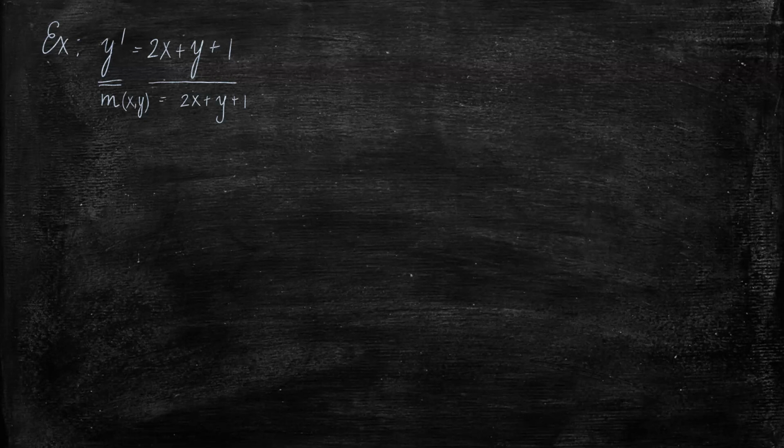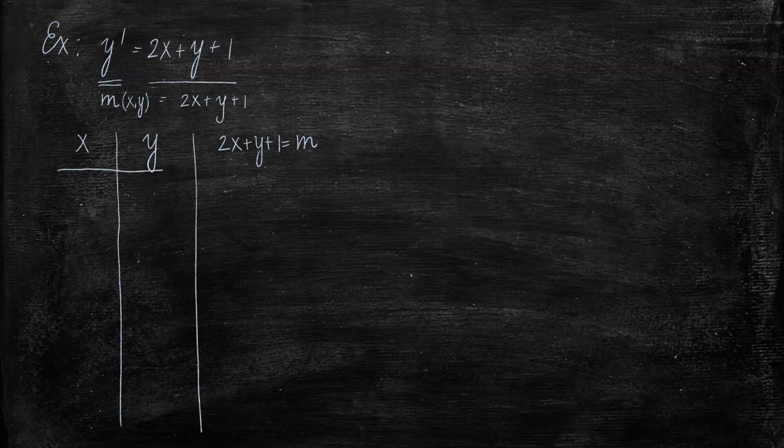So that means for any value x and y, we should be able to use the formula 2x plus y plus 1 to compute the slope of the tangent line. Let's try a few computations. When x equals 0 and y equals 0, what do we get? 2 times 0 plus 0 plus 1, it's 1.